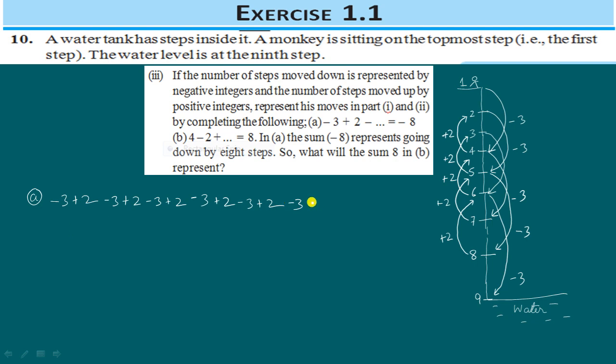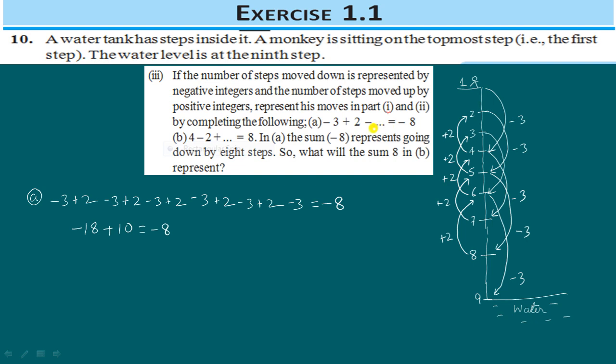Now what we are getting: minus 18 plus 2 times 5, that is plus 10. We are getting minus 8. That represents minus 8.